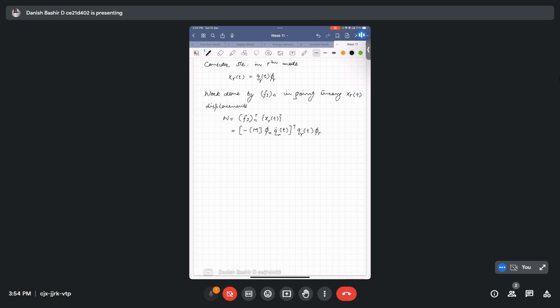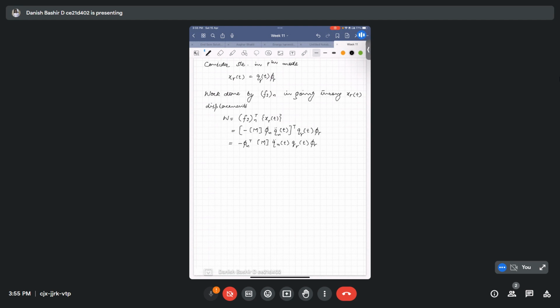So we will rearrange it like this: minus phi_n transpose, m transpose will be again m, q_n double dot of t. It's not a vector, it's just a time varying quantity. Then q_r(t) times phi_r.